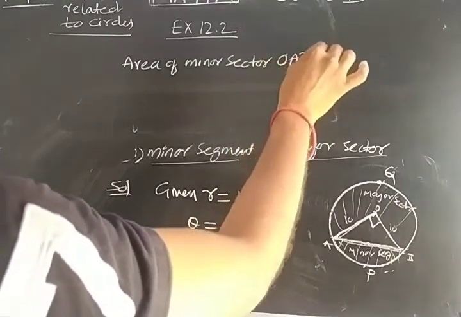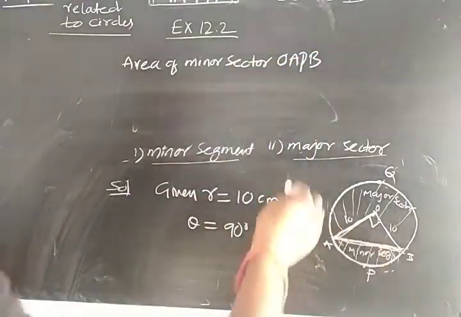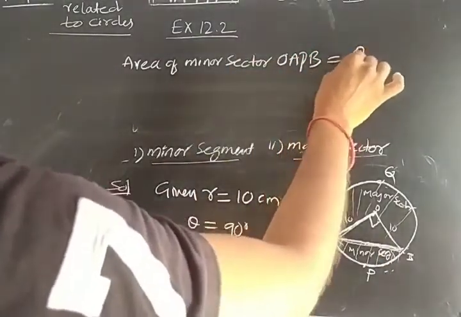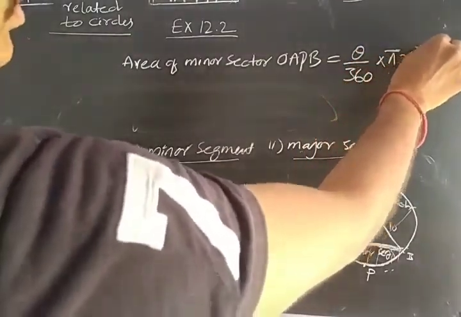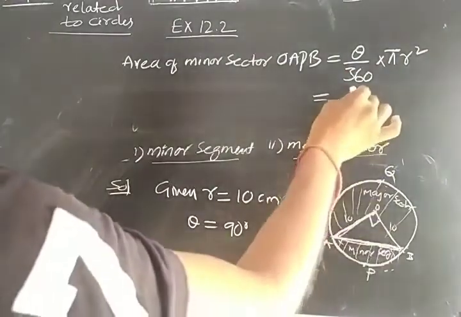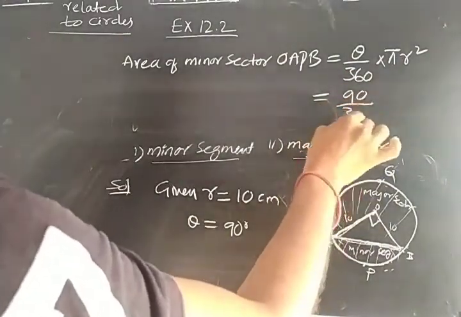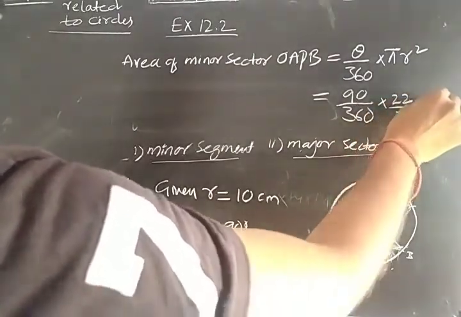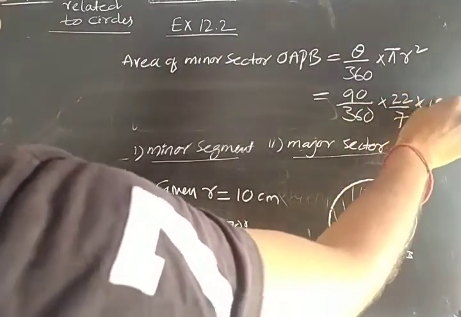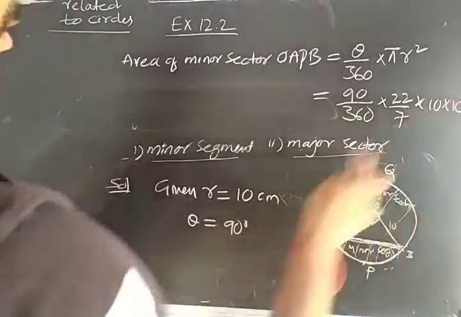Area of minor sector OAPB is equal to, what is the formula? Theta by 360 into pi r square. What is theta here? It is given 90 degrees by 360 degrees into pi value 22 by 7 and r square, r is 10 into 10. Right?